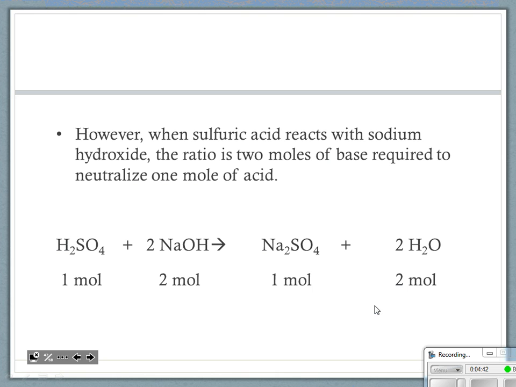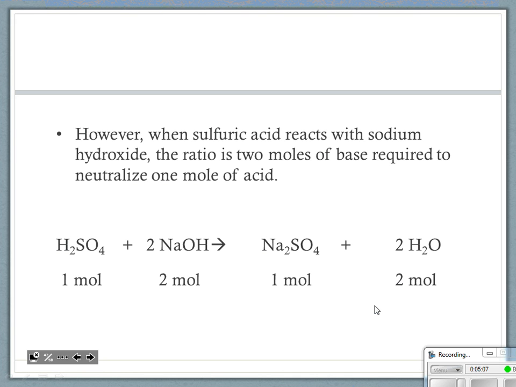Now here was the second one. As you can tell, is my ratio 1 mole to 1 mole for this one? Is my ratio 1 mole to 1 mole for this particular equation? No. And the reason is that I have that diprotic acid.